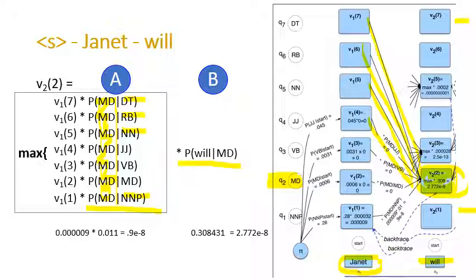So how is the calculation? You multiply the value inside the square, like V17, times the transition probability from tag 7 to tag 2, so from tag DT to tag MD, times the probability that the tag MD will emit the word will. Now, because we have all possibilities here, we don't want to calculate everything.